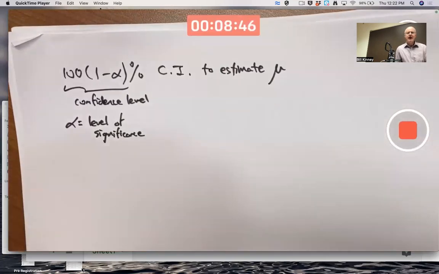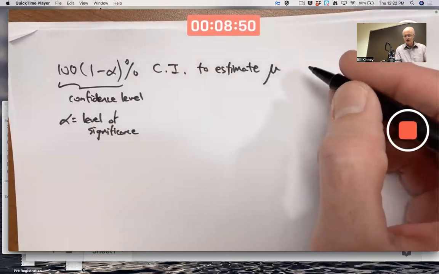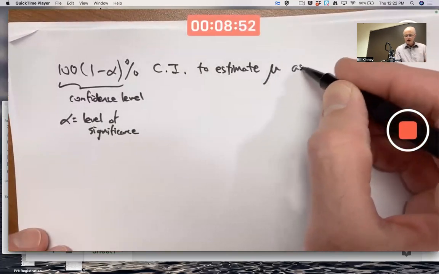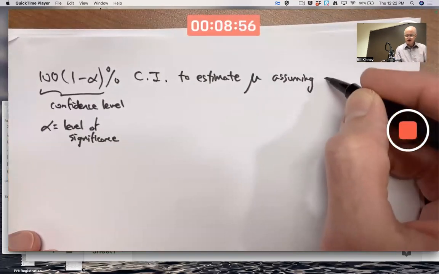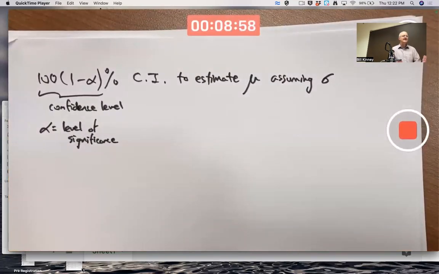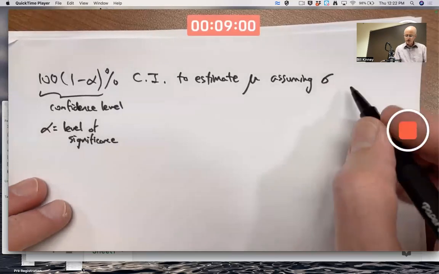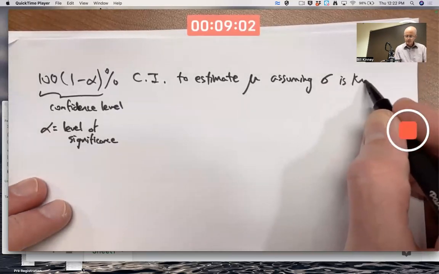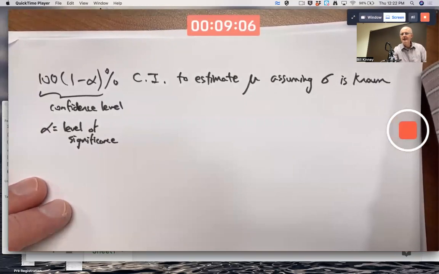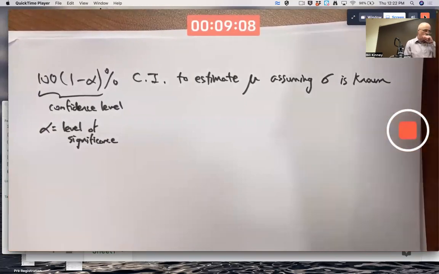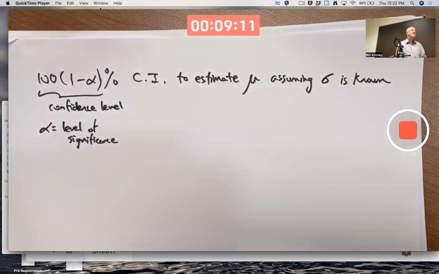We're trying to estimate a population mean mu, and the simplest case is to assume that the population standard deviation sigma, and therefore also the variance sigma squared, is known. It's just a simpler calculation in that setting because we don't have to worry about the t-distribution.